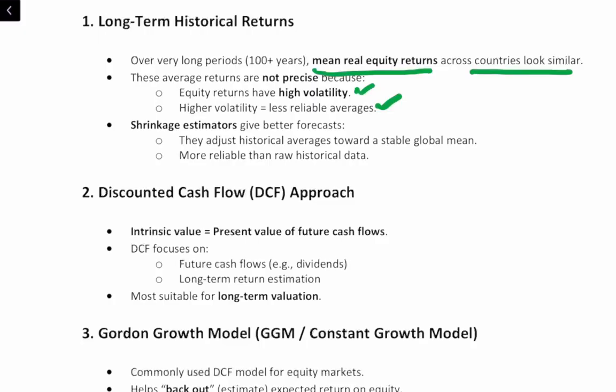So in this situation, I am going to use the shrinkage estimator so that I'll have a better forecast. Clear? So what I am going to do is adjust the historical average towards the stable global mean. Clear? And my focus is to get more reliable information rather than just focusing on the raw historical data. Clear?